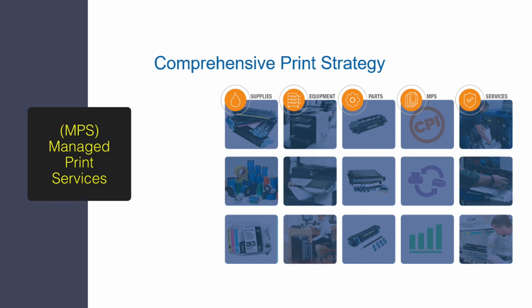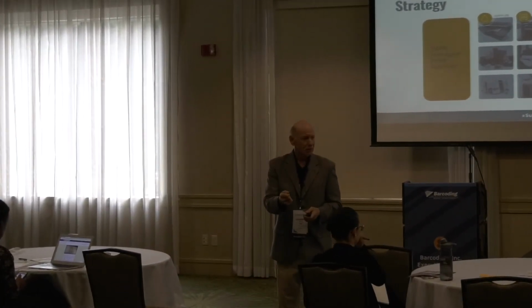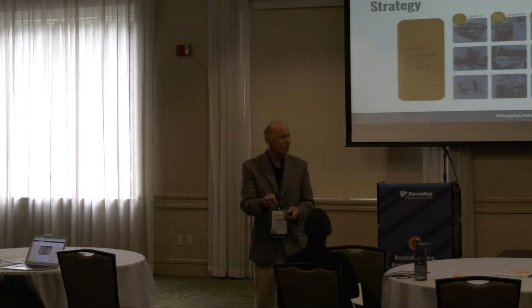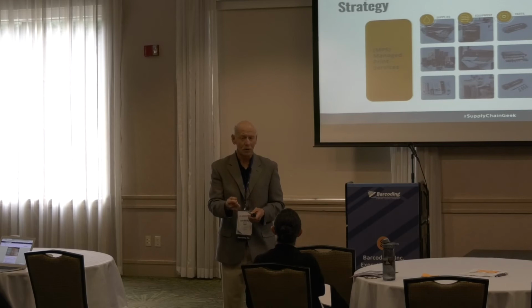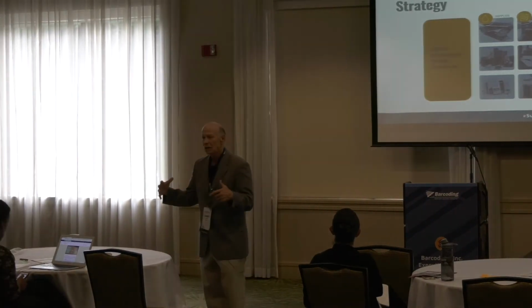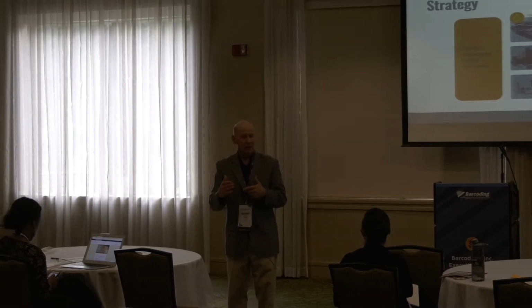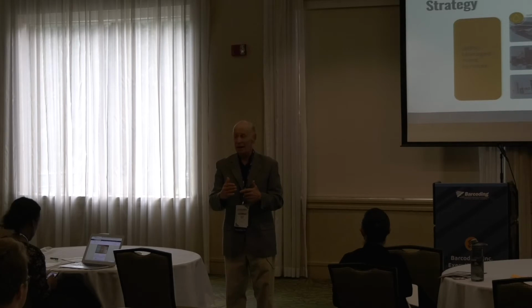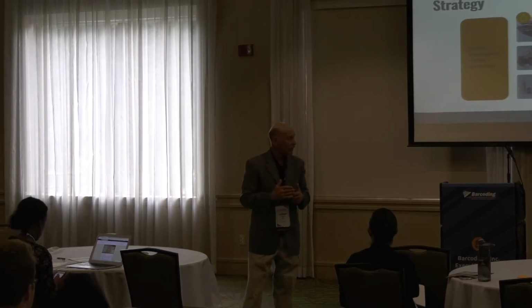You're going to print a label, and every time you print a label, the printer is going to click that. And we're going to sit down in advance and understand what your model is, what your volumes are, and what your requirements are. We're going to put you under a big program that gives us an idea of what your annual usage is. Now, you may get the forecast exactly right, or you may fall under by 5 or over by 5.